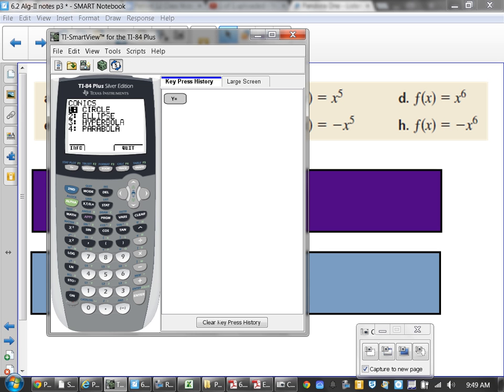There we go. What I want you to do is put in x to the 5th. Y equals x to the 5th. And just go to your graph.